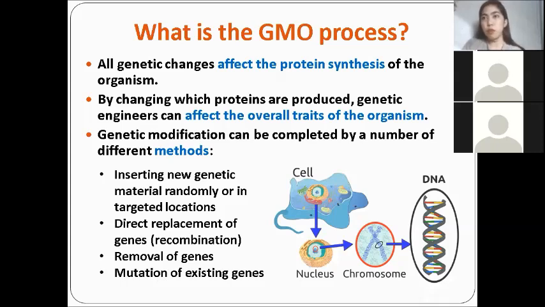So the researcher takes traits from another species, for example, a rabbit. He takes the trait from the rabbit that gives white color to the fur, and then he can insert it into the host organism for the next offspring.